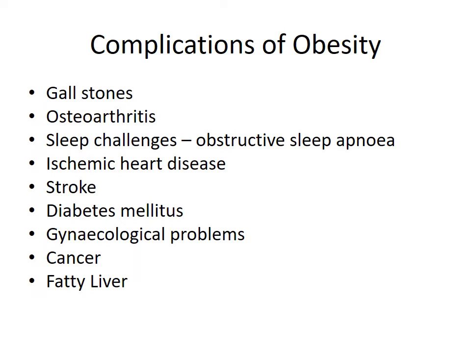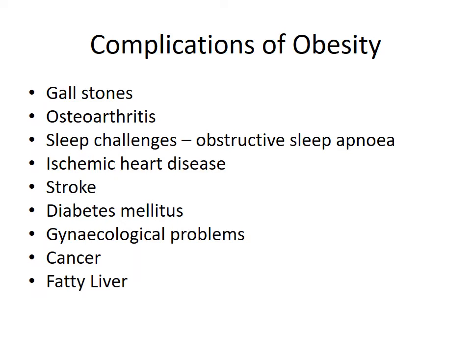So they sleep and there's like cessation of breathing, which then has other complications. Then they are prone to heart attack, stroke, they develop diabetes. They can have gynecological problems, so fertility might be a problem as a result of obesity. They're also prone to cancer of the liver, of the stomach, and a few of the other organs of the body. And they can have fatty liver because of excessive fat deposition in the liver.